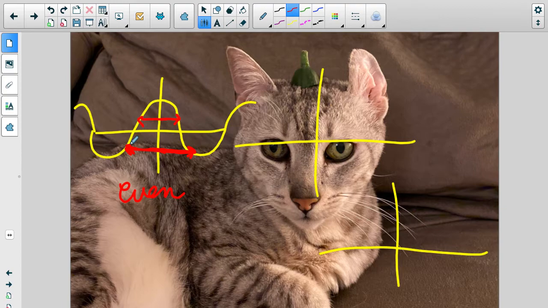But look at sine. Sine goes right through the target. If I go this way, I get this answer. If I go this way, don't I get that same answer, but its opposite? Look over here and over here. Aren't those opposites of each other?